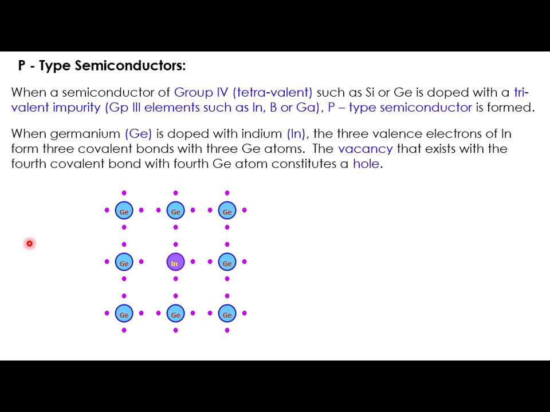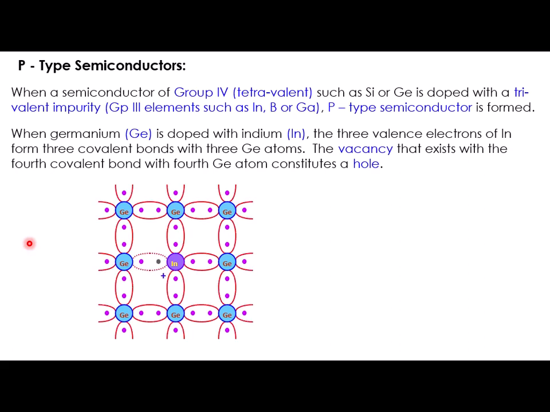Now, in an attempt to get stability, both germanium and indium will try to make covalent bonds with each other, and in that attempt one deficiency of electron will be realized at one place, because indium has 3 valence electrons and requires one more valence electron to satisfy the octet rule.